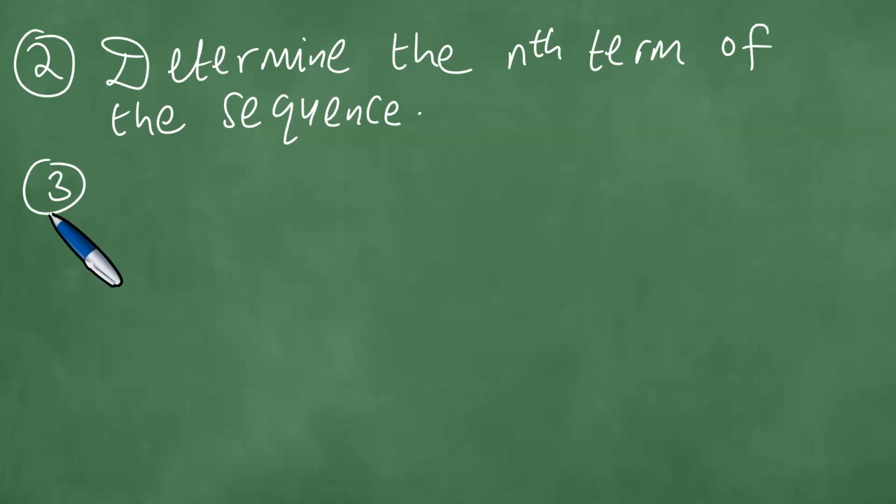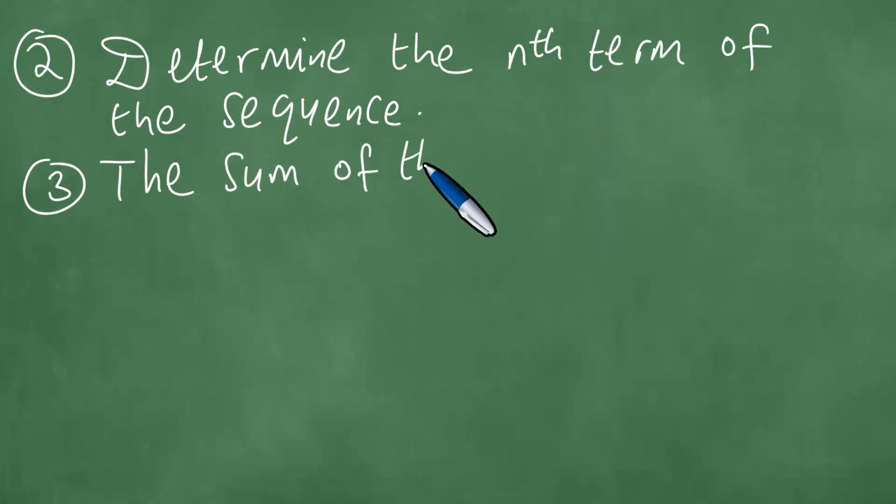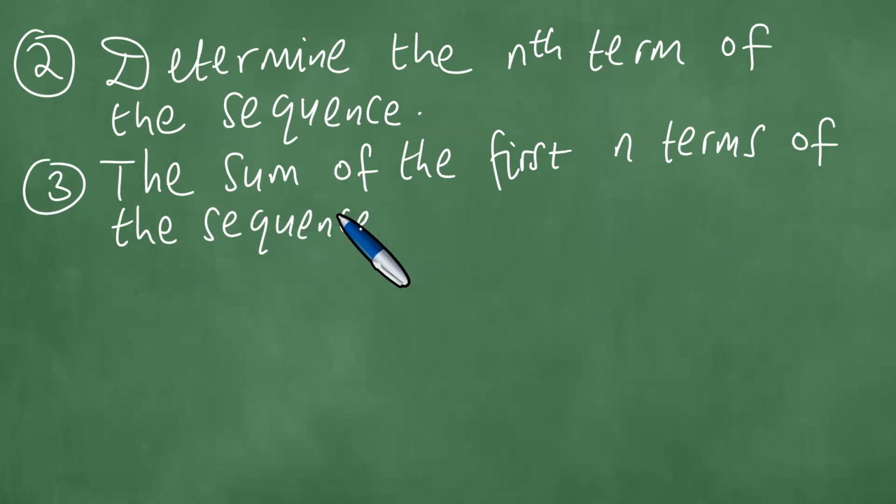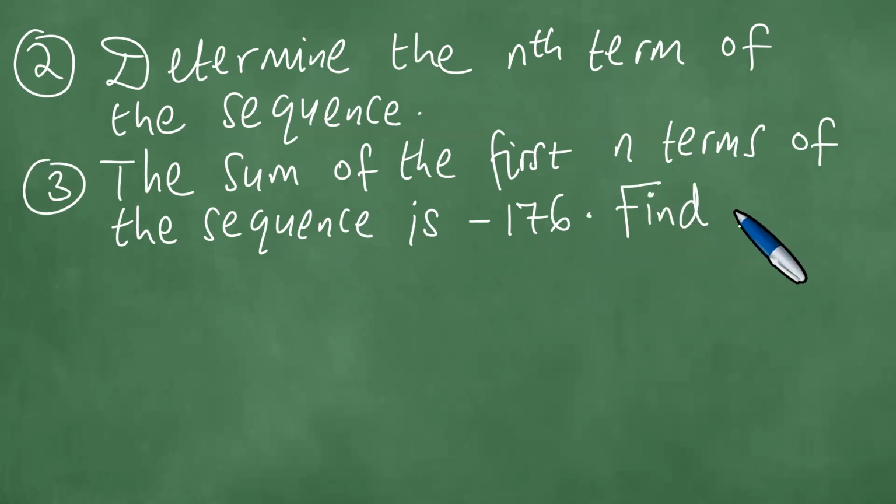Three, the sum of the first n terms of the sequence is minus 176. Find n.